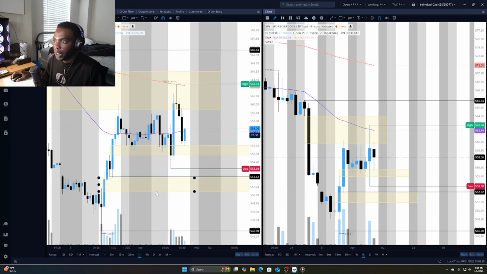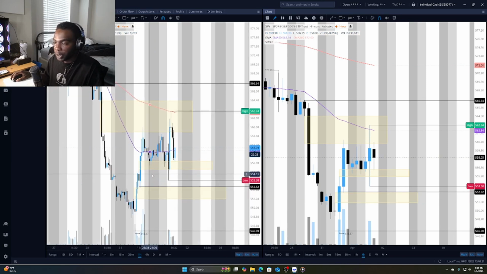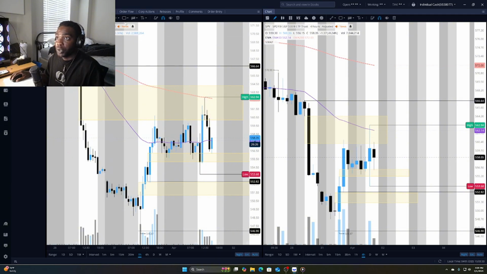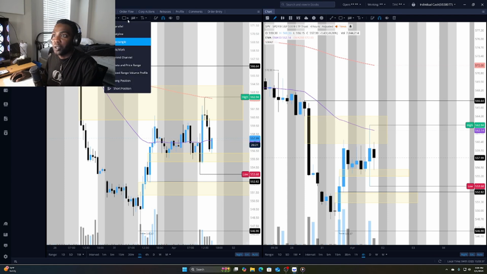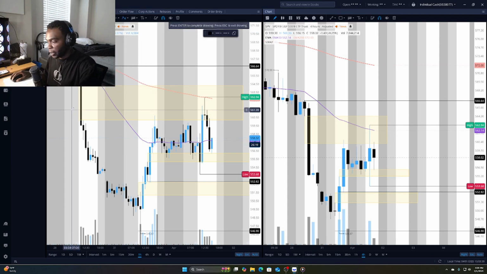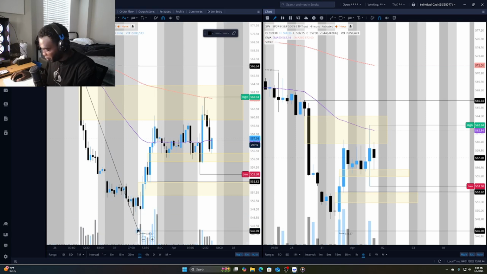Yesterday all I had was my fair value gaps and my lows and highs. I also ended up doing something kind of weird for me. I don't usually do this, but I used the polyline tool and marked out a short formed W pattern. I was aiming for something like this.